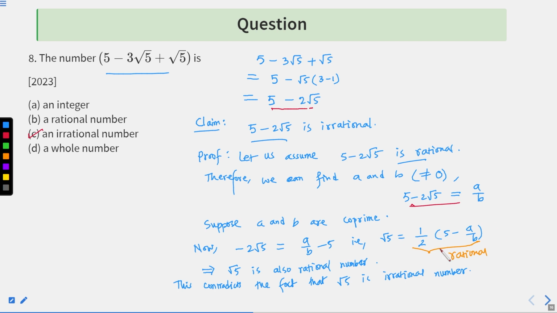The right-hand side is a rational number, so root 5 would also be rational. But we know root 5 is irrational, so this contradicts our assumption. Therefore 5 minus 2 times root 5 is an irrational number.